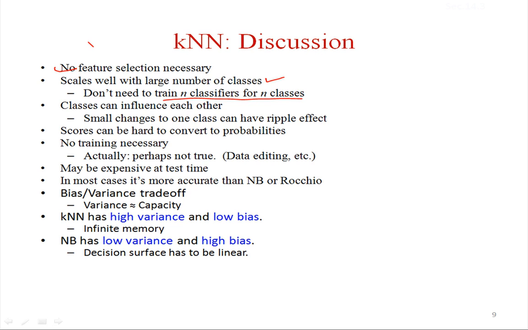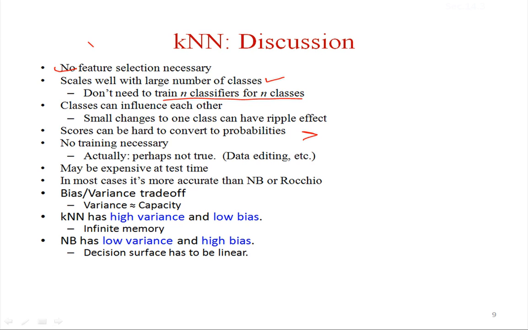A small change in one class can have a ripple effect. Scores can be hard to convert into probability. For example, if we consider the TF-IDF score or some other cosine vector score, then it will be tough to convert the KNN score into probability.